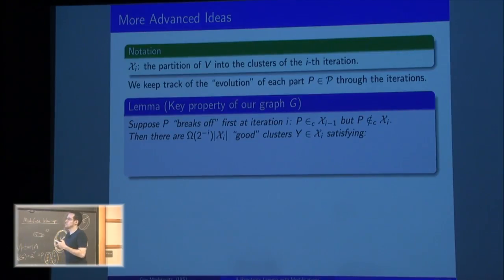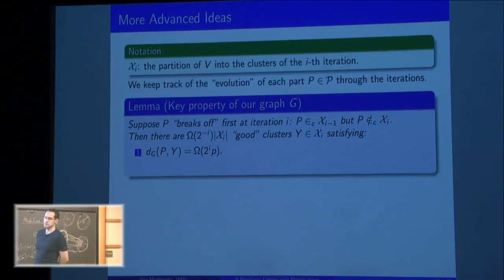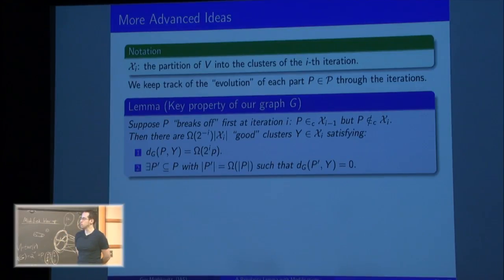It can be shown that, where i is the iteration that this happens, there is a 2 to the minus i fraction of the clusters in the ith canonical partition which are good. Good in the sense that the density between our part and those good clusters is, up to a constant, what you would expect, but there is a large subset of P that has 0 density to one of those good clusters.